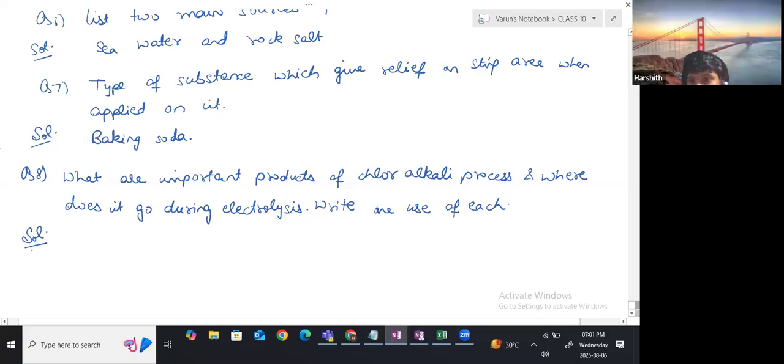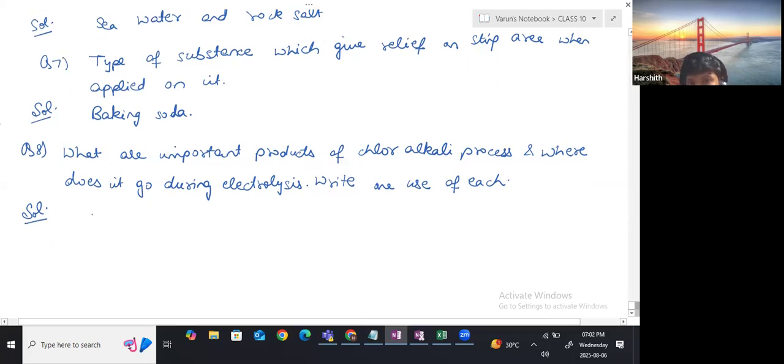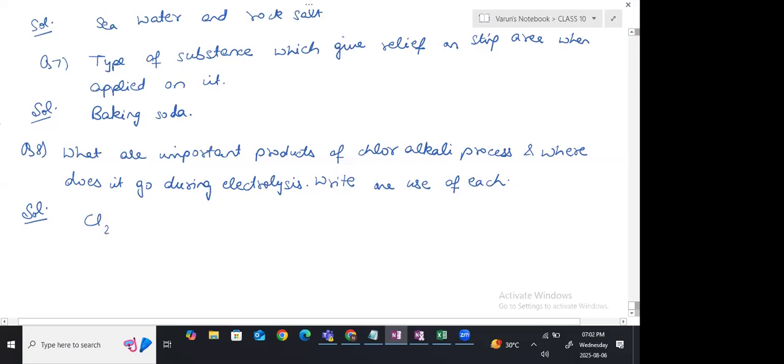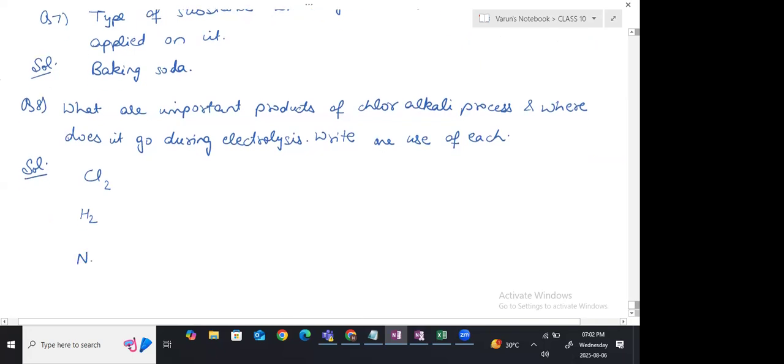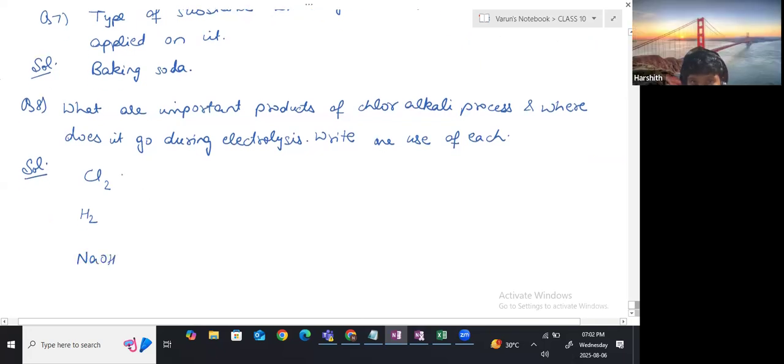Important products of the chlor-alkali process are chlorine, caustic soda and hydrogen gas. It is chlorine, it is hydrogen gas, and it is caustic soda, meaning NaOH. Where does it go?